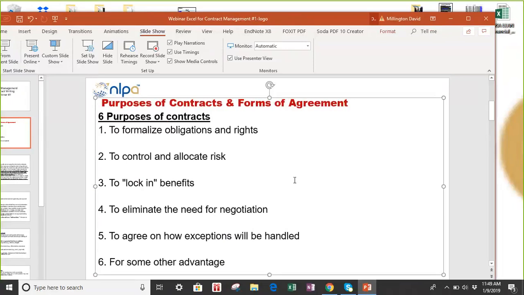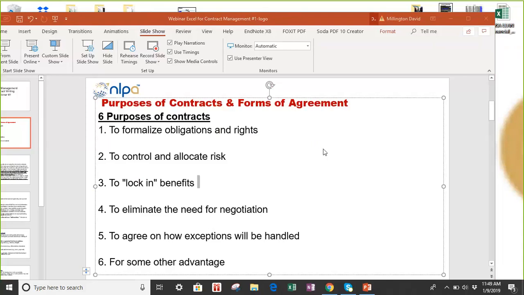Contracts have 6 distinct purposes. One is to formalize obligations and rights, the rights of each party, the buyer and the seller. 2, to control and allocate risk. 3, to lock in the benefits that will be derived from a contractual relationship between the buying party and the selling party. 4, to eliminate the need for negotiation. 5, to agree on how exceptions will be handled.